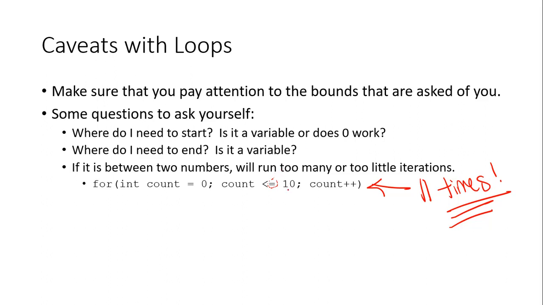So you're probably saying, well, I understand now, but how can I fix that? Well, theoretically there are a couple of options. You could start counting at 1 and let it stay less than or equal to 10, or more commonly, a lot of people will start at 0 but make it less than 10. That would run it 10 times, okay?